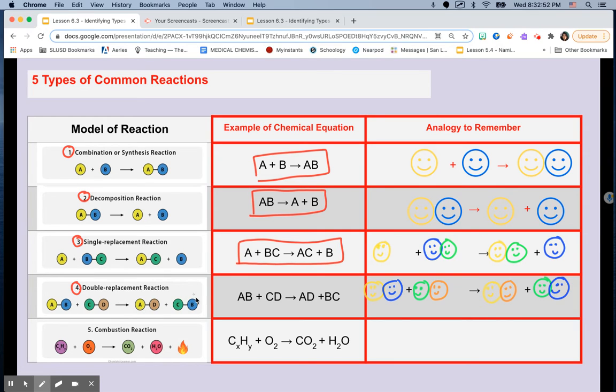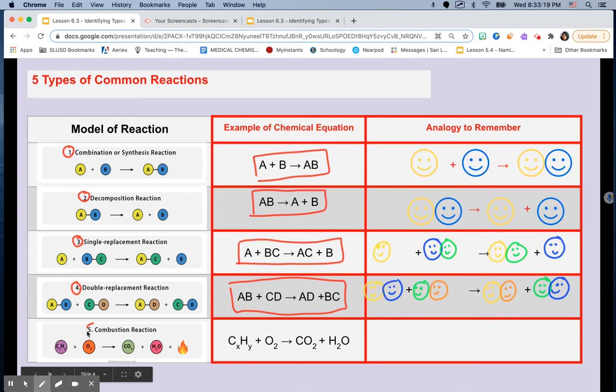Well, they actually swap elements or they swap partners, right? So A, instead of being with element B, element A will get with element D, and element C, which used to be with D, will get with element B instead. So they kind of just trade who they're dating. That is a double replacement reaction.